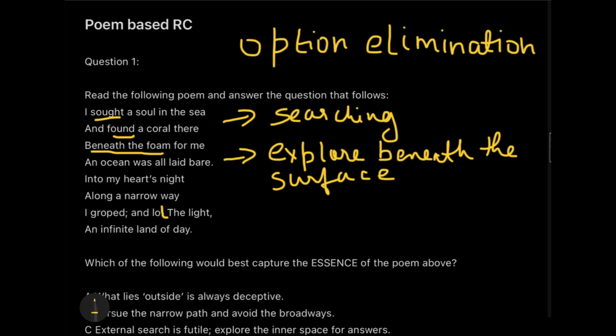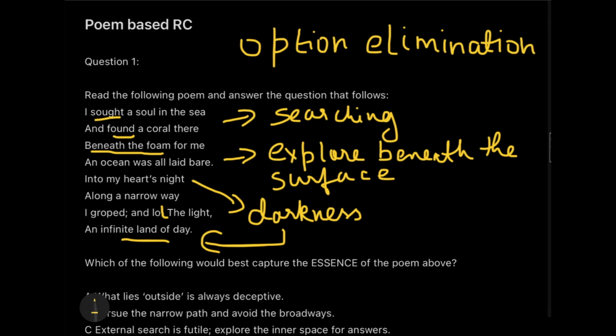So night here depicts darkness, and inside that darkness I got a ray of light, an infinite land of day. That means when I searched for the thing I was searching for beneath the sea, when I left the foam and went inside the sea, the darkness inside my heart turned into an infinite land of day. So this is the transition.